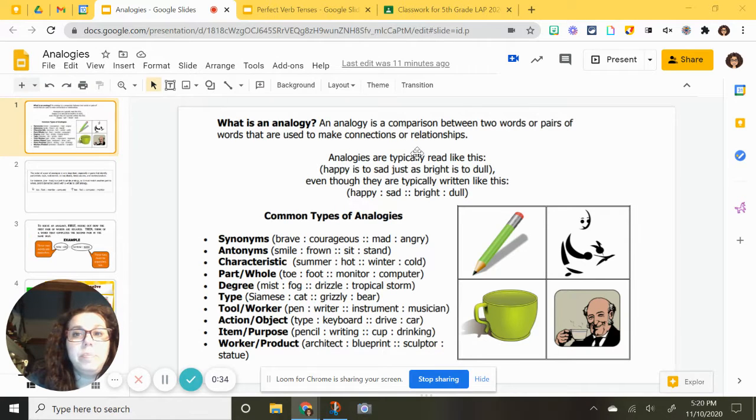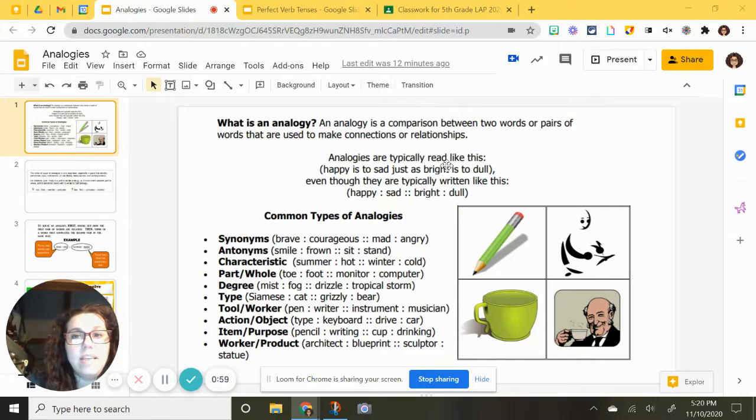So analogies typically read like this. Happy is to sad, just as bright is to dull, even though they are written with these dots. Now on our flex, I did not put the dots on there. That's too much for us right now, and that's okay. But just so right now, the first two words are connected.